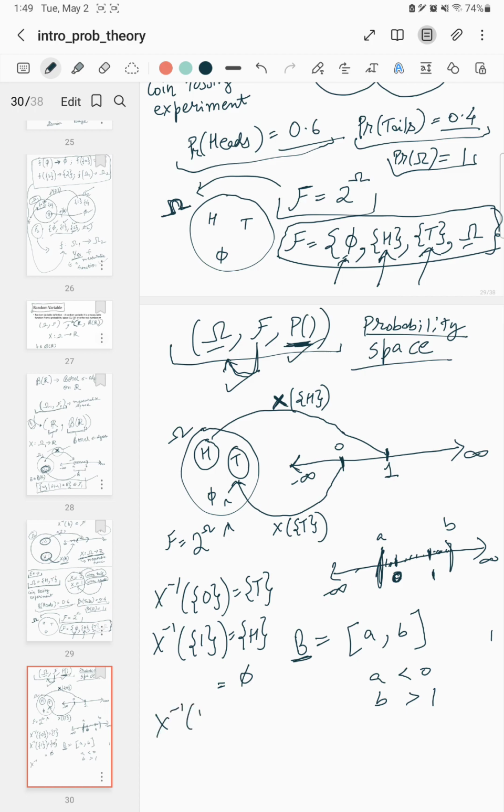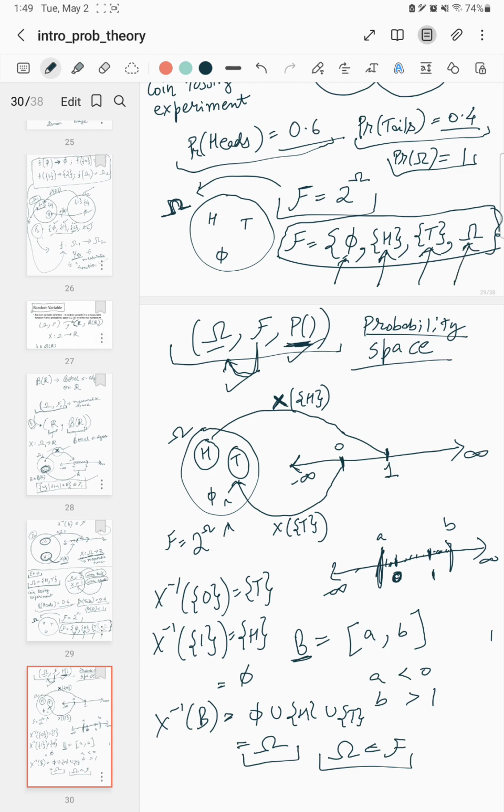So x inverse of such a Borel set is phi union with heads union with the set tails, which is nothing but omega, and omega does belong to the sigma algebra F, as we can see here.